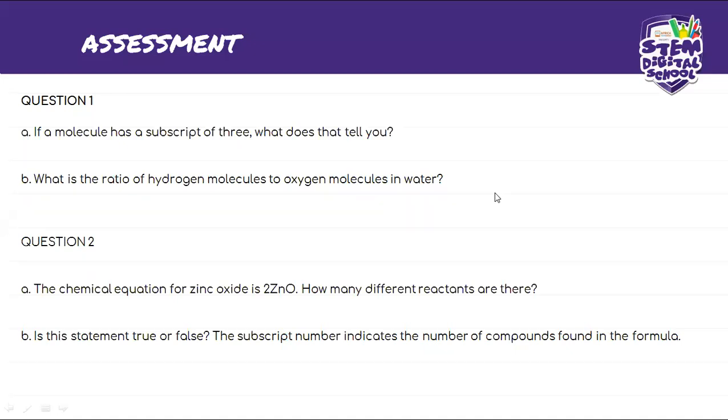Yes, the way you are writing it is not balanced. But for now, question 1B is asking: what is the ratio of hydrogen molecules to oxygen molecules in water? You just need to write the chemical formula of water, then look at the hydrogen and oxygen.